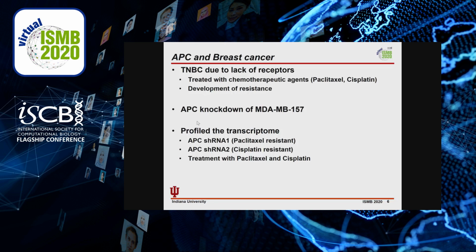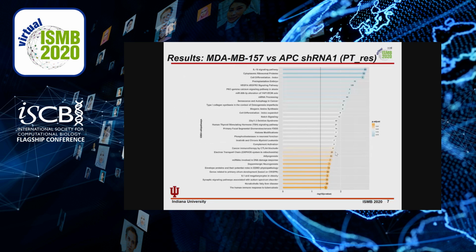When APC is knocked down, these behave similar to TNBCs. So we looked at the transcriptomic profile of the APC knockdown for the cells that are paclitaxel resistant and for the cells that are cisplatin resistant. We also looked at the treatments with paclitaxel and cisplatin.